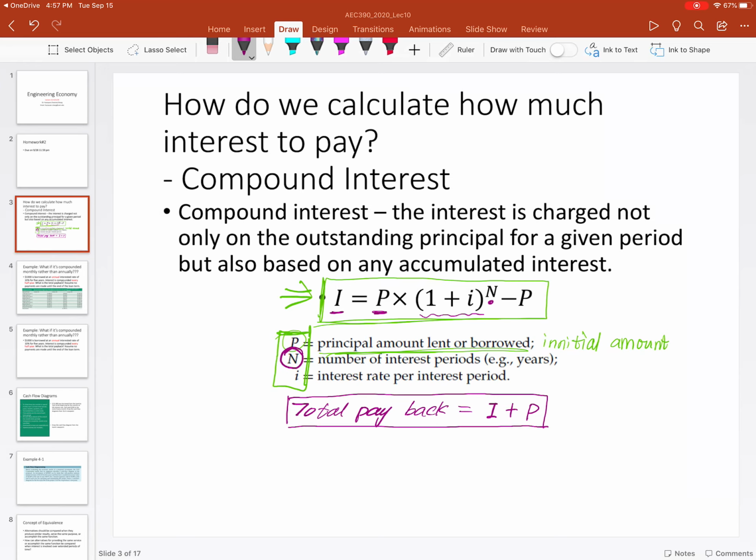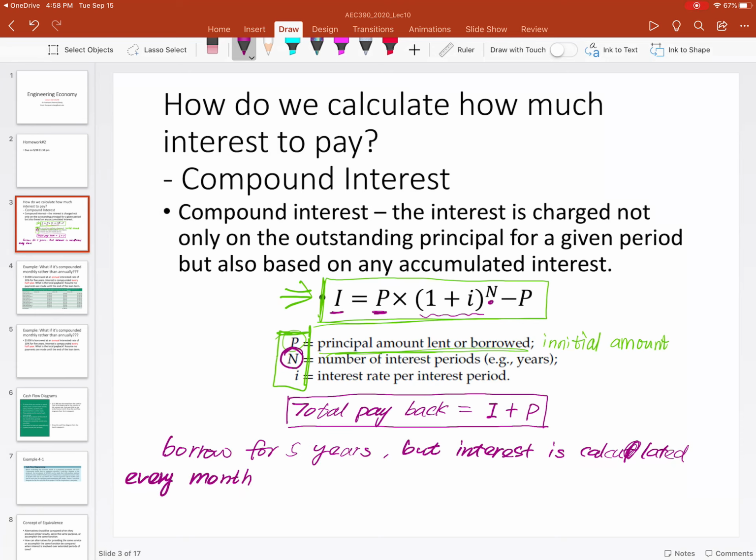But if the bank says, okay, you can borrow the money for 5 years, but we calculate the interest every month, well, that's a different story.